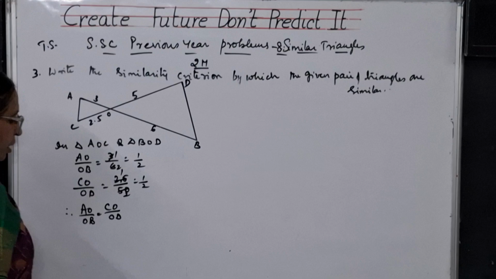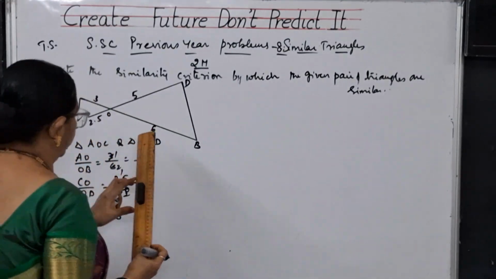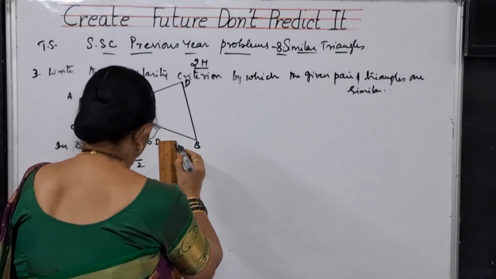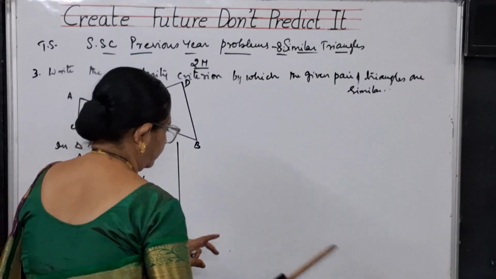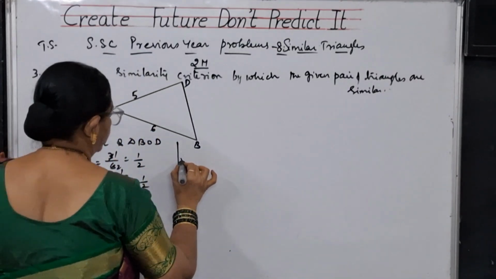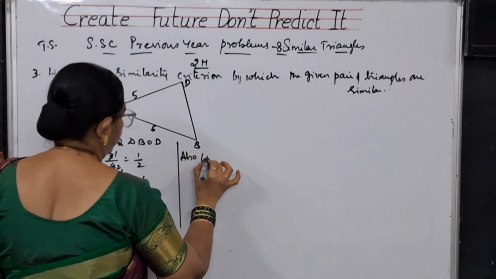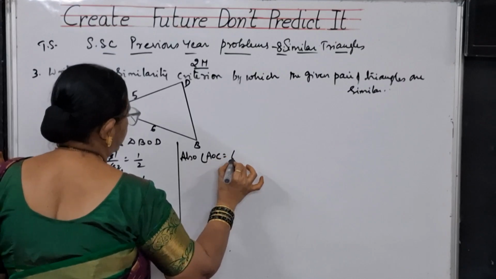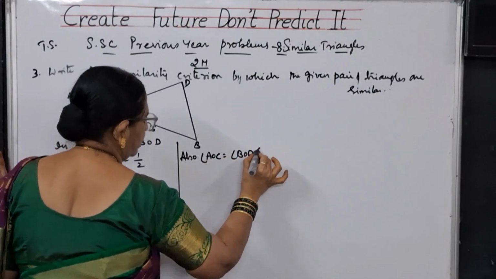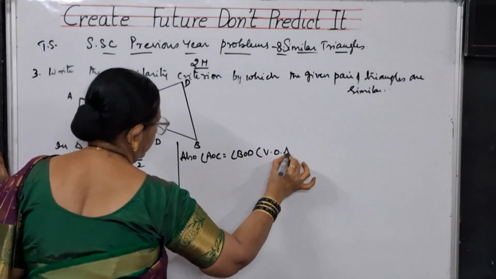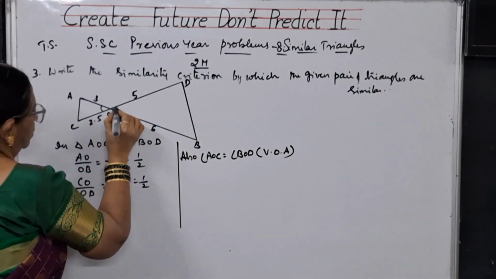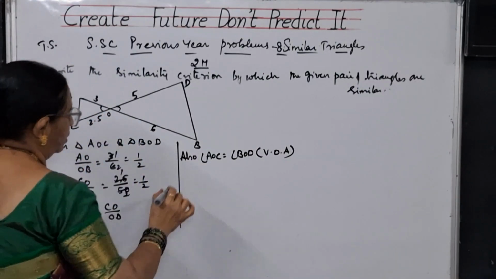And also, angle AOC is equal to angle BOD. Why? They are vertically opposite angles. These two angles are equal.